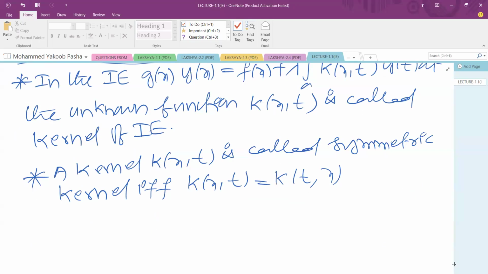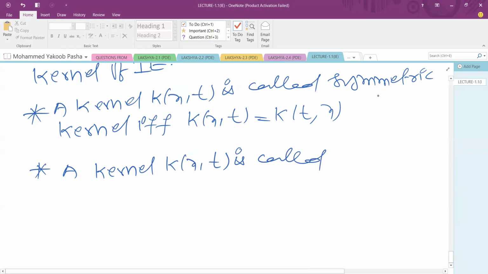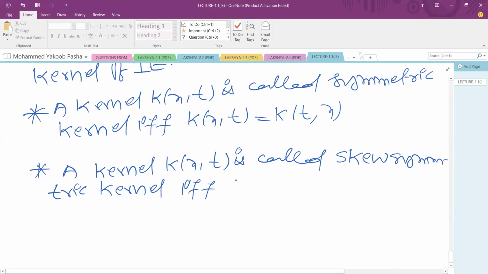Now, a kernel k of x comma t is called a skew symmetric kernel if and only if k of x comma t is equal to minus k of t comma x.